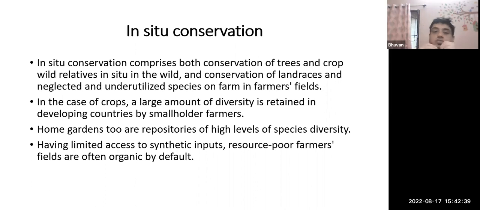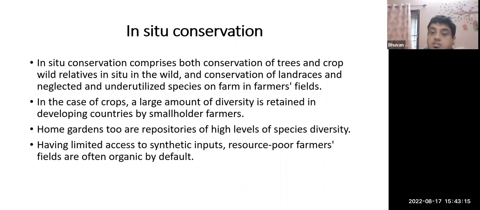So in situ conservation involves conservation of trees, crops, wild relatives of the crop plants, landraces, and underutilized species on the farmer's field. In many developing countries, the small farmers or small landholders play a major role in in situ conservation, because they are the ones dealing with the traditional varieties of the crop plants.